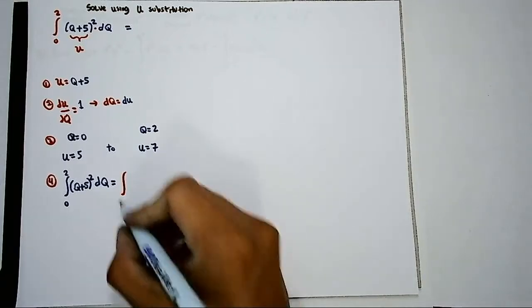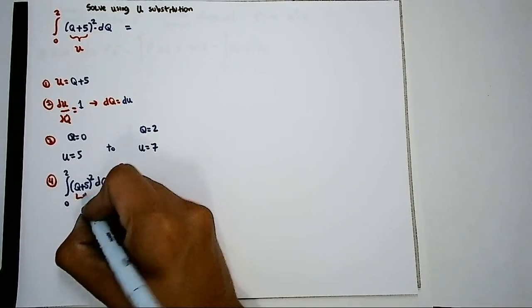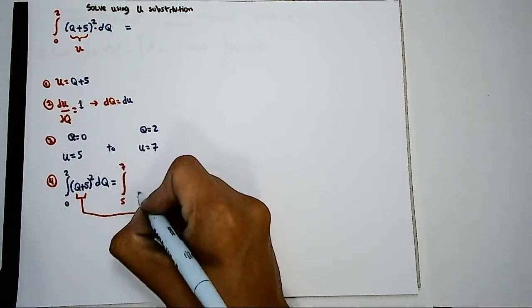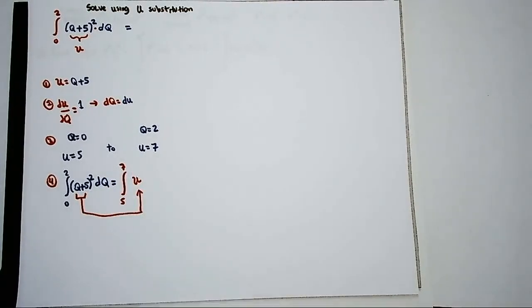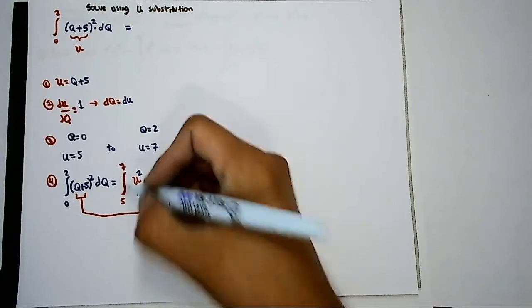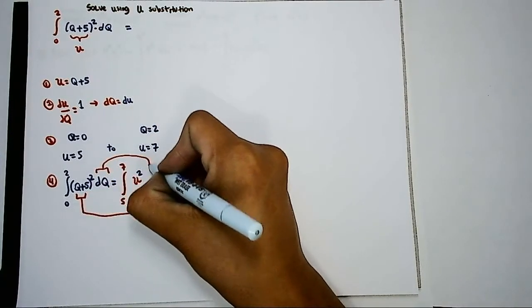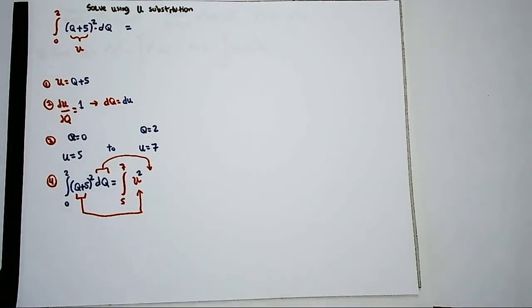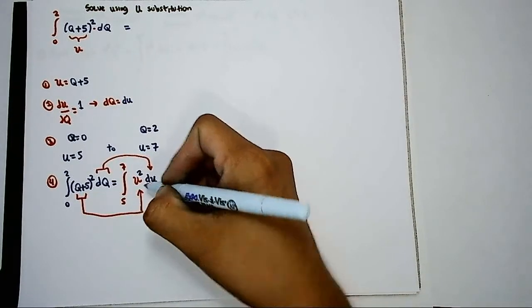The domain goes from 5 to 7. Q + 5 is our U, squared, and then dQ is equal to dU.